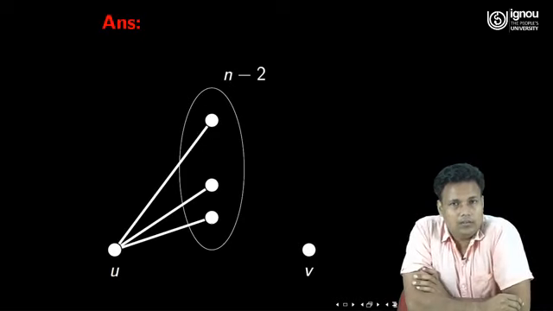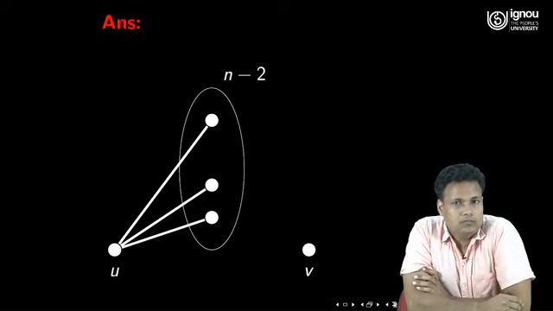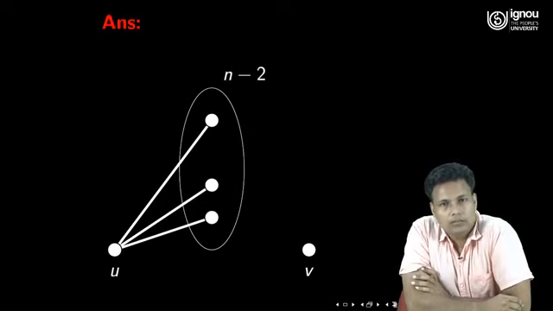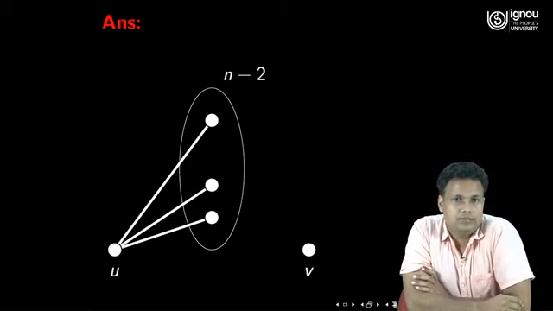Now the diameter of the graph is 2, which means that the maximum distance between any two vertices must be 2, right? Here v cannot be adjacent to u because all the neighbors of u are already given here, which are n minus 2. So v can only be adjacent to some or all of these neighbors of u.